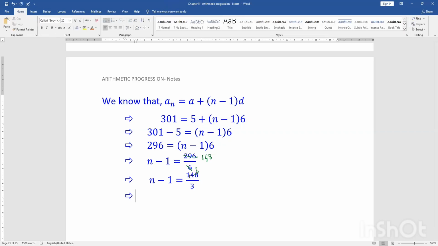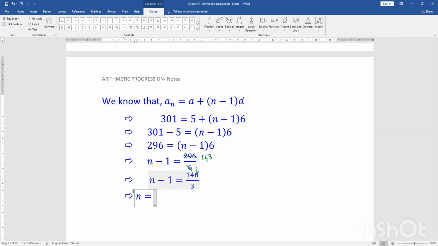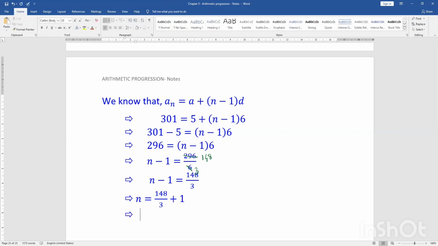Or what we get? N equals 148 by 3 plus 1.